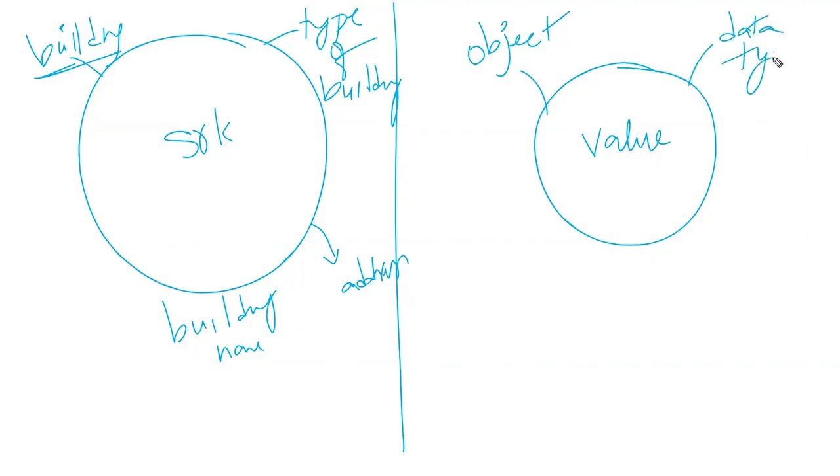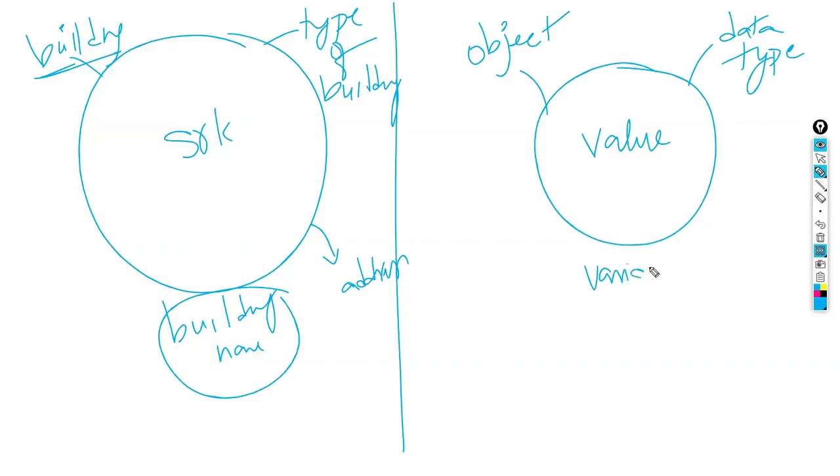The type of the building is called the data type in Python. Building name is called the variable name. And the address of the building is also the address of the object.